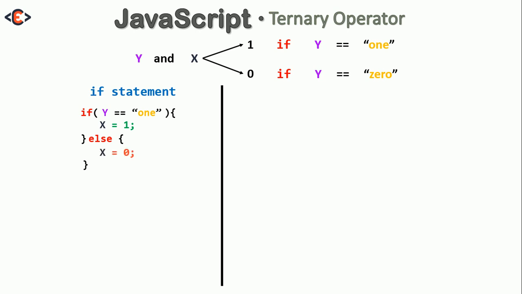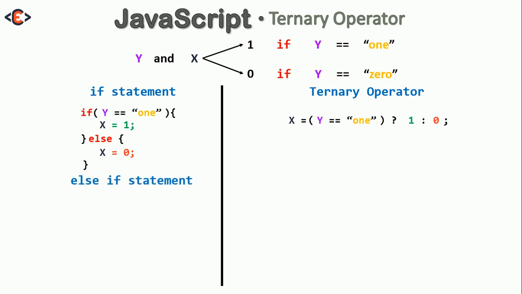Using the ternary operator, we will say x equals y equals 1, the condition, then the question mark. So if y equals 1, x will receive 1, else it will receive 0.